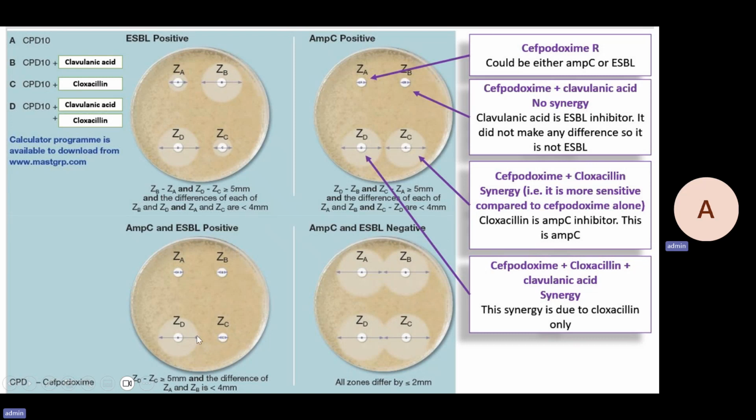Here, both ESBL and AmpC are inhibited, and you see a zone size. This one is AmpC and ESBL both positive. This one doesn't matter, everything is negative. So this is AmpC and ESBL negative. So you just need to logically explain what you see, and then you can get the answer.